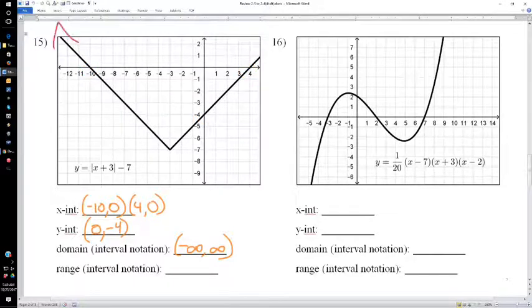Well, it goes up forever, but it stops right there. So again, in interval notation, we go from bottom to top. So the lowest point is at -7, and it gets a bracket because it's part of the graph. And it goes up forever, so that's a positive infinity. Okay. That's your range in interval notation.